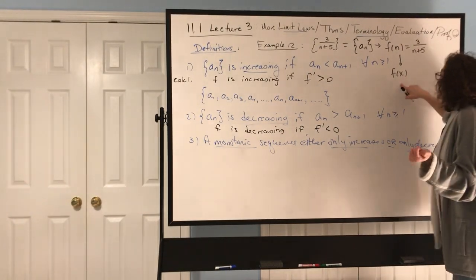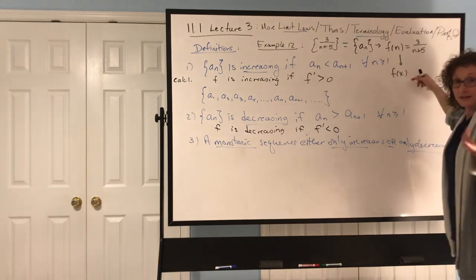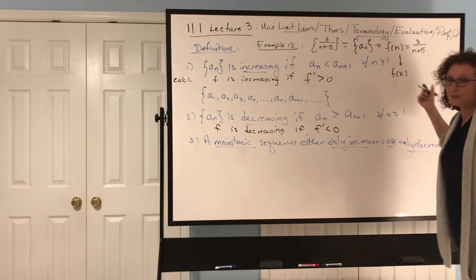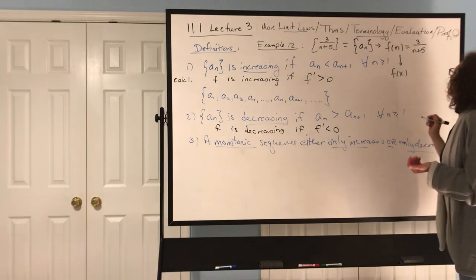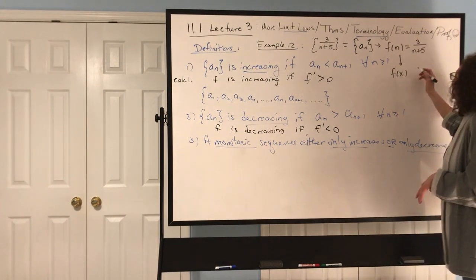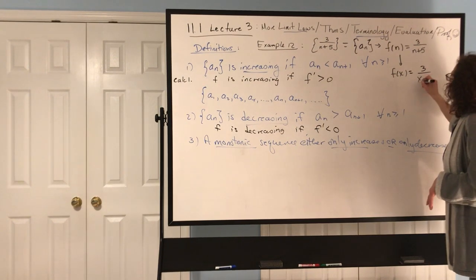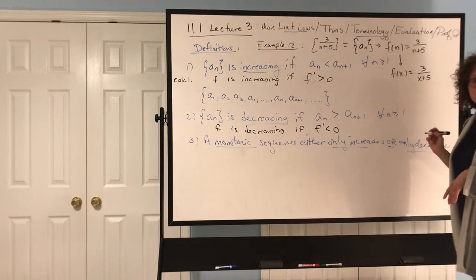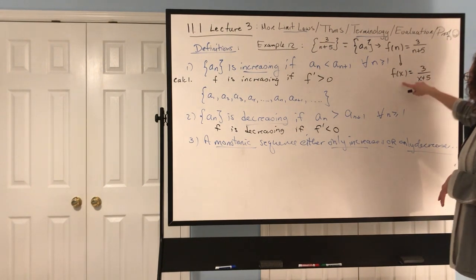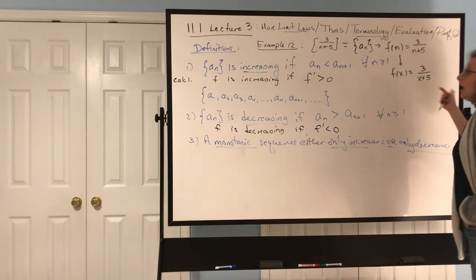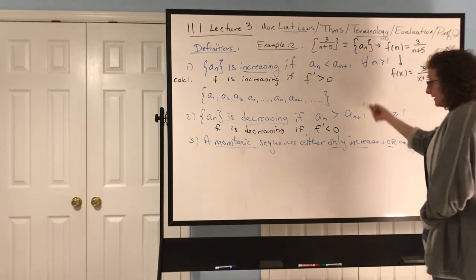L'Hopital's rule applies to continuous functions, so you can't really do L'Hopital's rule with n's. It's not really legit, even though lots of people do it that way because you're just using it as a symbol. But anyway, 3 over x plus 5. So if this is f of n, then this is f of x. Put an x everywhere you saw an n. Good.